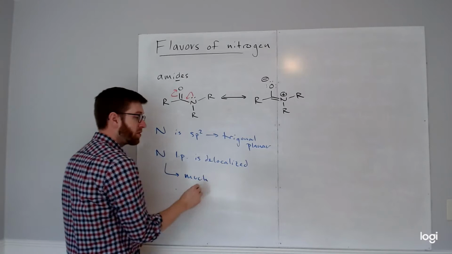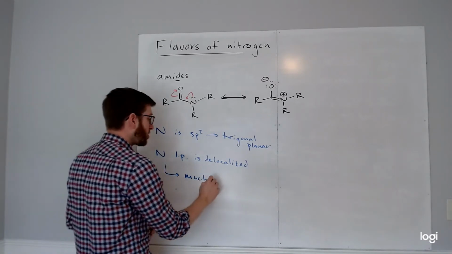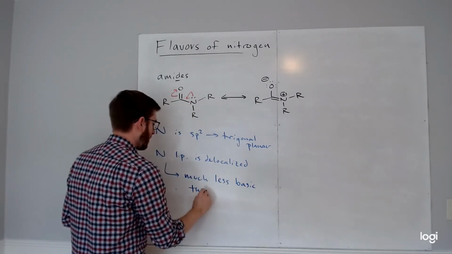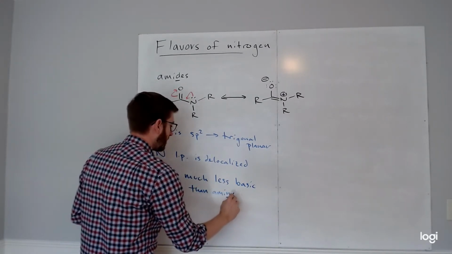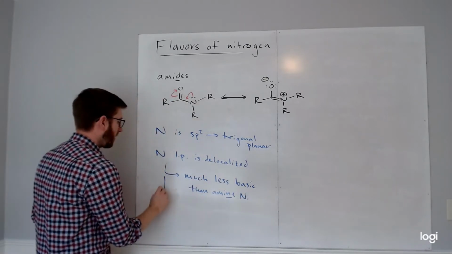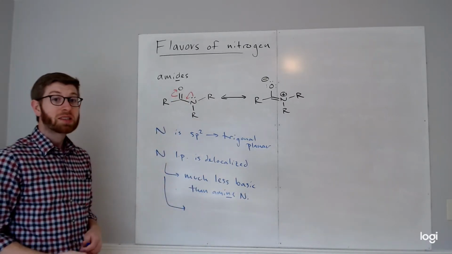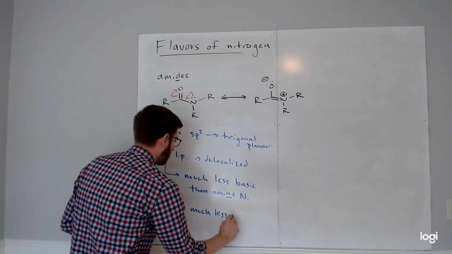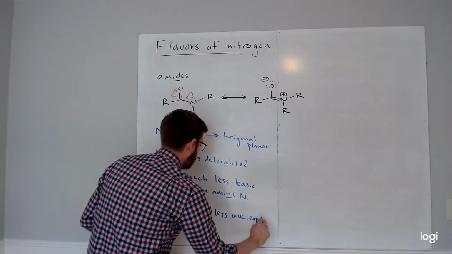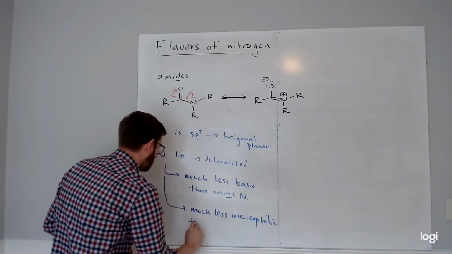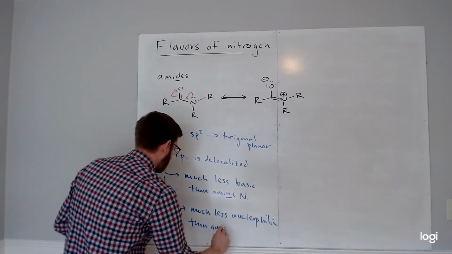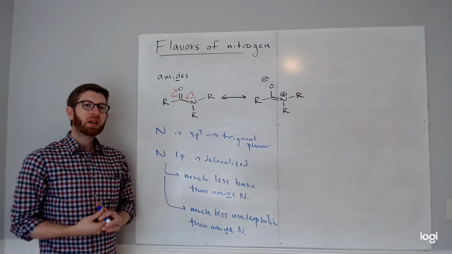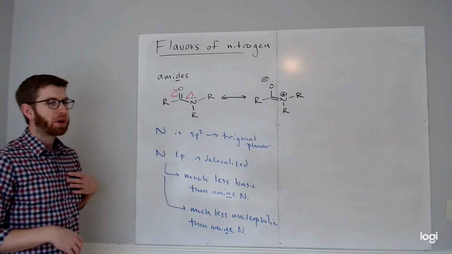And resonance effects are usually fairly powerful, so let's say that it's going to be much less basic than an amine nitrogen, and it's going to be much less nucleophilic. All in the consequence, again, of structural analysis, where we're focusing on lone pair stability.